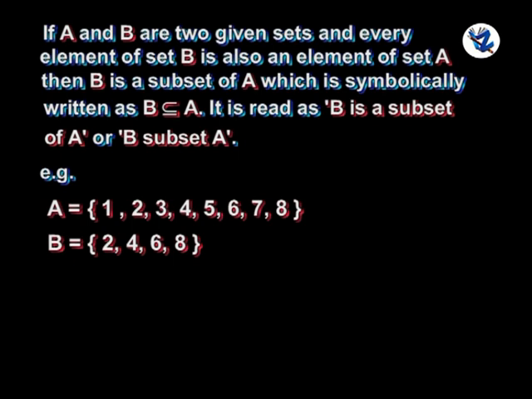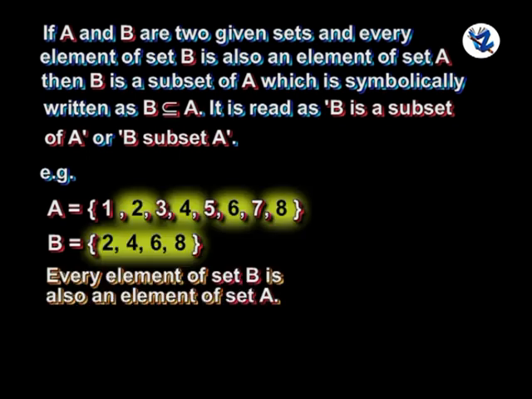Now the next type is universal set. Think of a bigger set which will accommodate all the given sets under consideration, which in general is known as universal set, so that the sets under consideration are the subsets of this universal set.